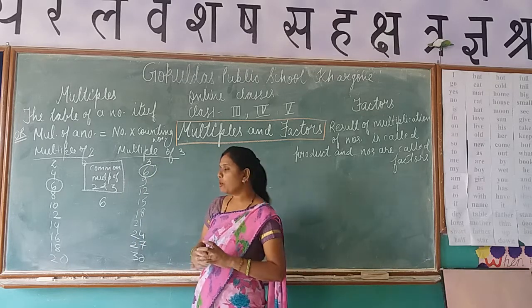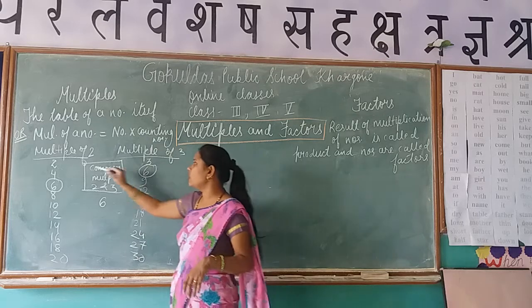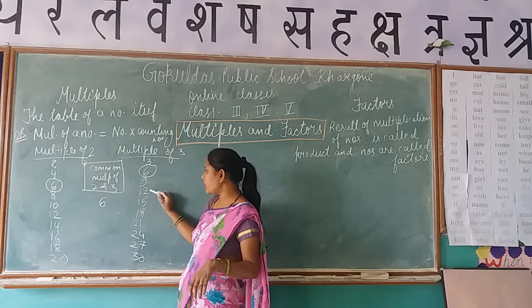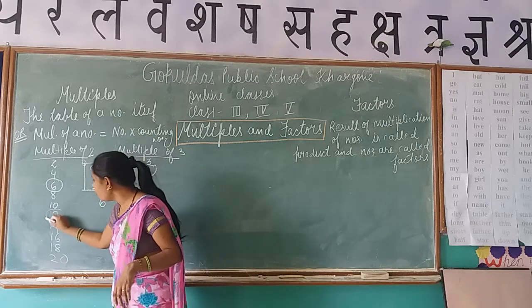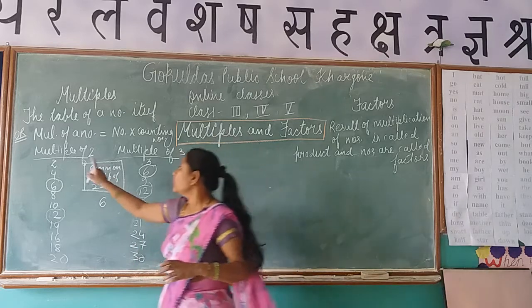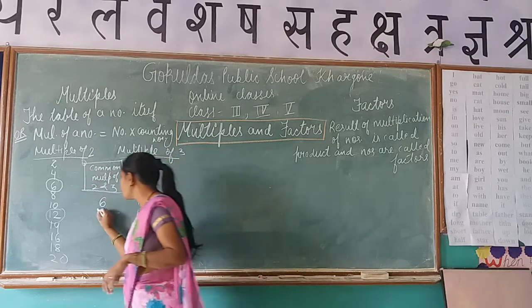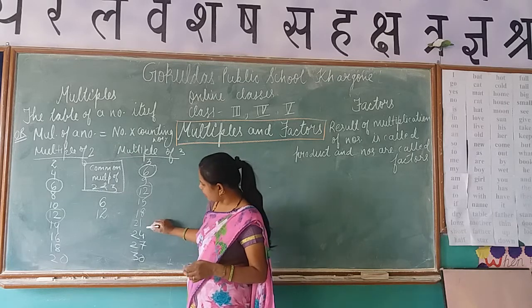There will be more common multiples, so let's check. Next is 9, but 9 is not in the table of 2. Next is 12. 12 is in the table of 3 and also in the table of 2. So another common multiple between 2 and 3 is 12. Is there another?